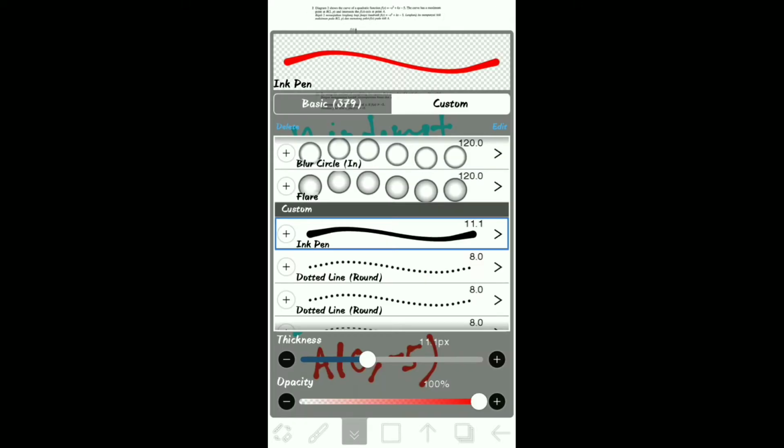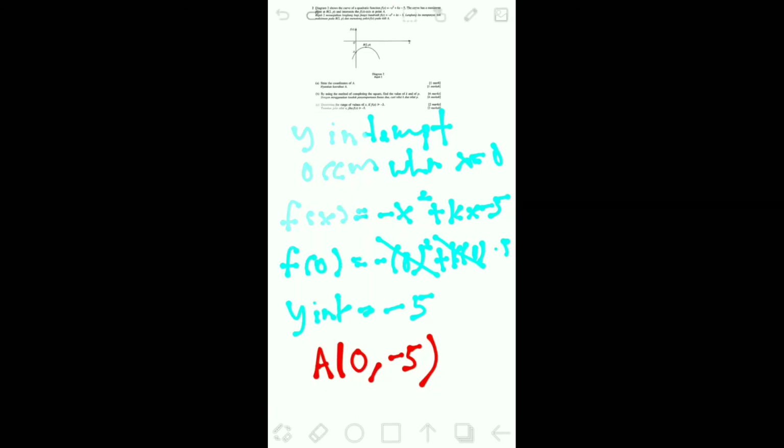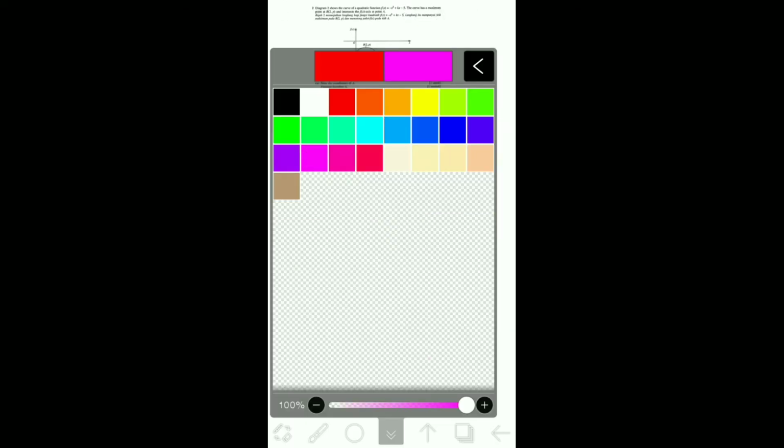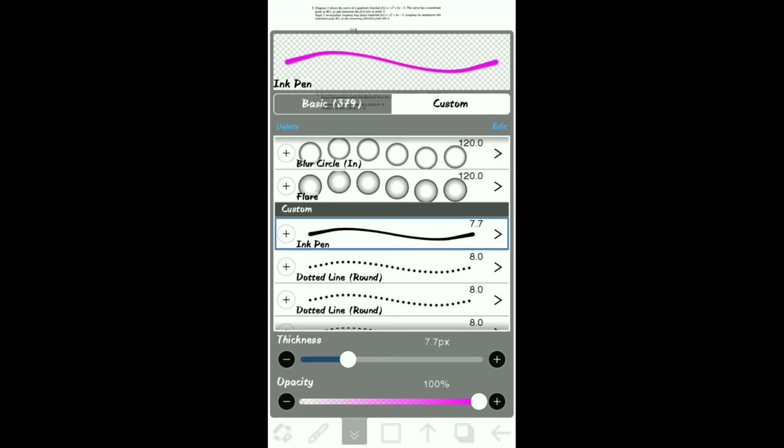Okay, we go to the next question, question B. It asks us: by using the method of completing the square, find the value of k and p. We are given f(x) is negative x to the power of 2 plus kx minus 5. We first need to factorize the negative 1, because we need to let the x squared be single.